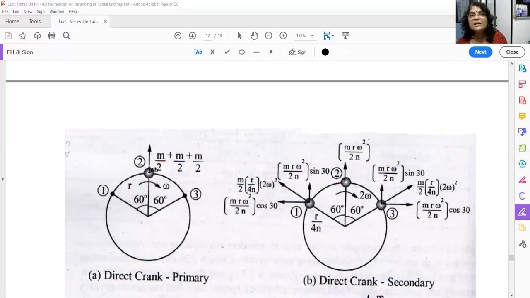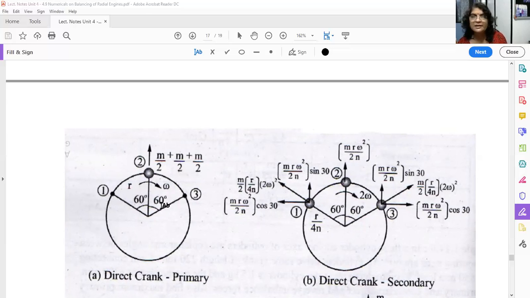Cylinder number 1, you have to rotate by 60 degrees clockwise, so it will come here. So m/2 of 1 is here. Cylinder number 2, you rotate by 0 degrees, so it is already here. Then cylinder number 3, you rotate by 300 degrees, and it will also come here. So all the masses are concentrated here, m/2 plus m/2 plus m/2.